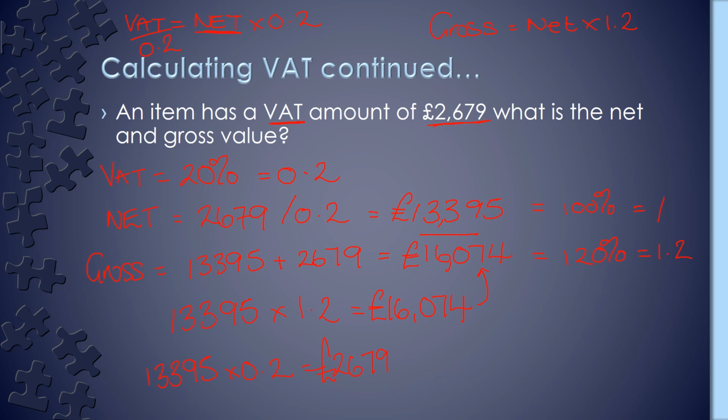So providing you're given a VAT rate, then you should be able to work out your net, gross and VAT of any given figure, depending on what figure it is, using the decimal way, using your hundreds, your 120s and your 20s if the VAT rate is 20%.